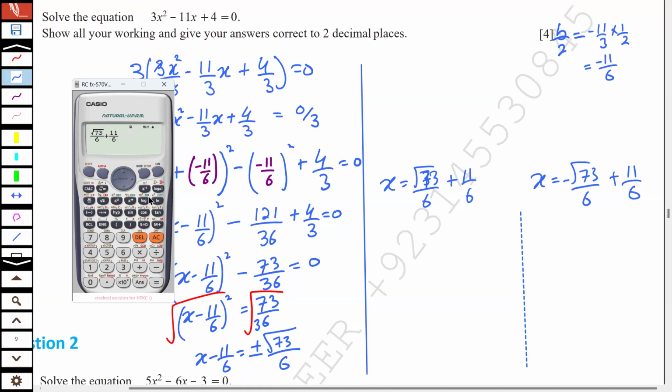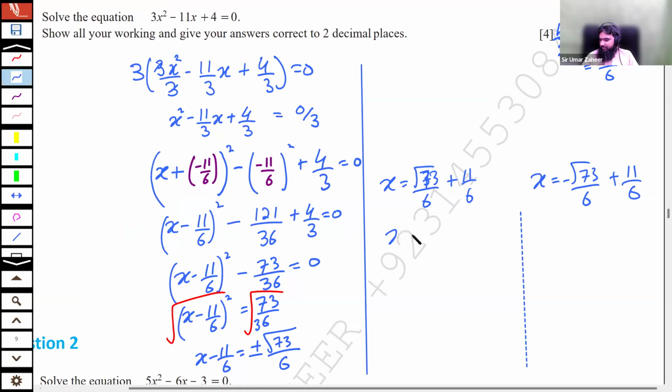It's 11 plus square root 73 over 6. Tell me the answer in decimal form. 3.257. In the next step, I'm just going to round off.